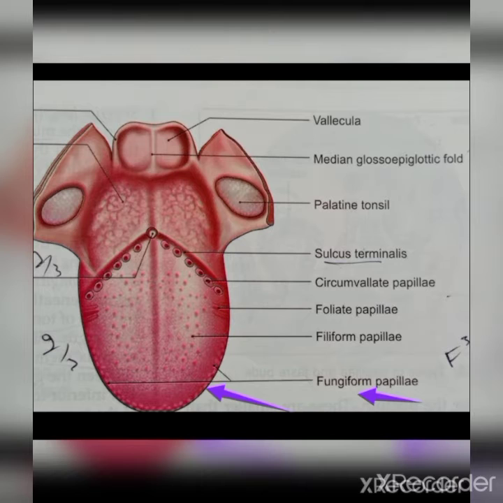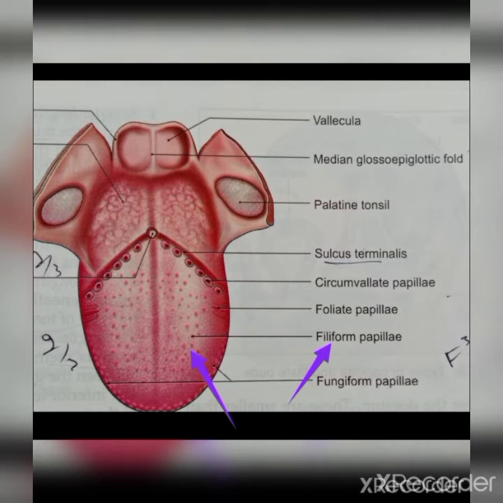As you can see in this video, each papilla consists of a narrow pedicle and a large rounded head. And friends, remember, these papillae are distinguished by their red color.